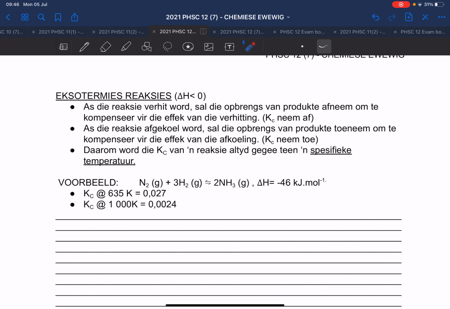Okay. So let's first look at an exothermic reaction. For an exothermic reaction, the change in heat is smaller than 0. So die change in heat, verandering in hitte, enthalpie, maar dis die ou term, reaksie hitte.